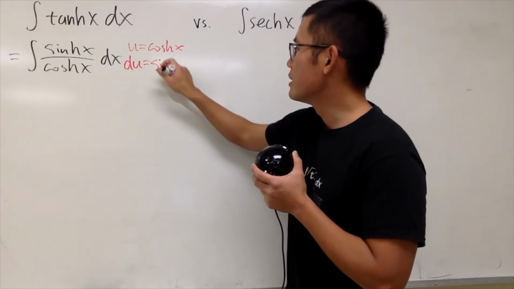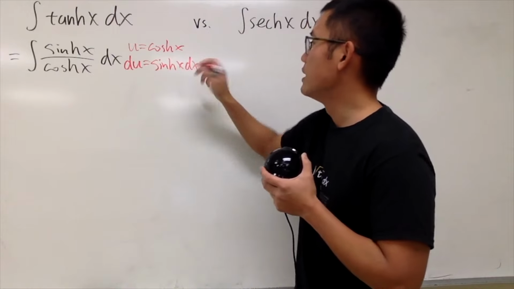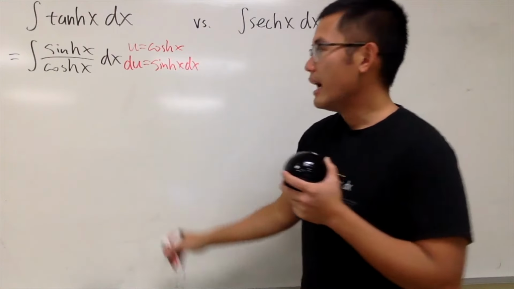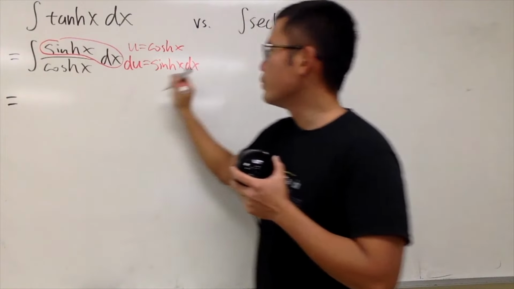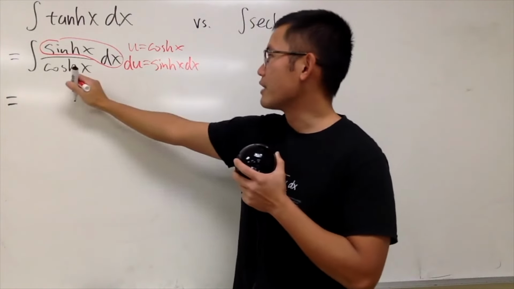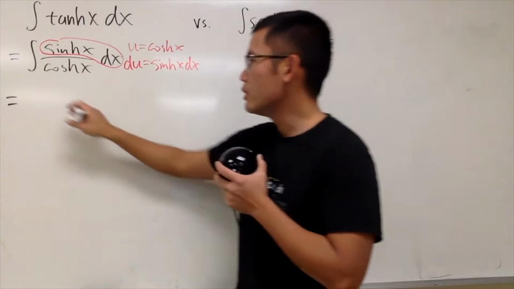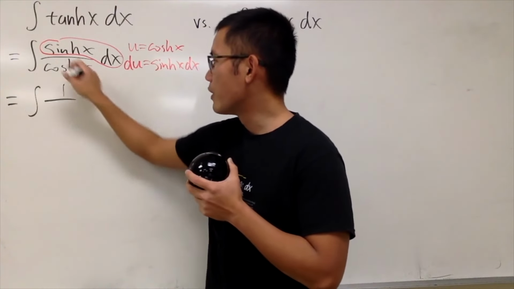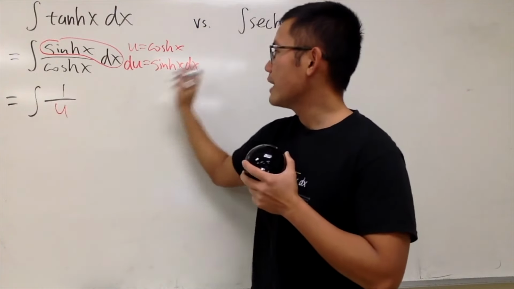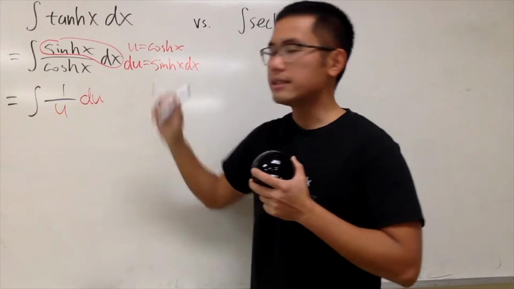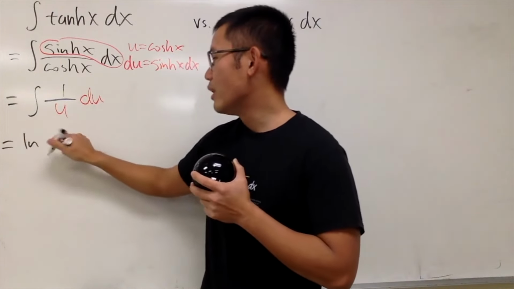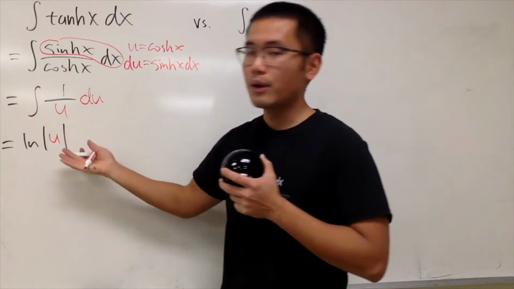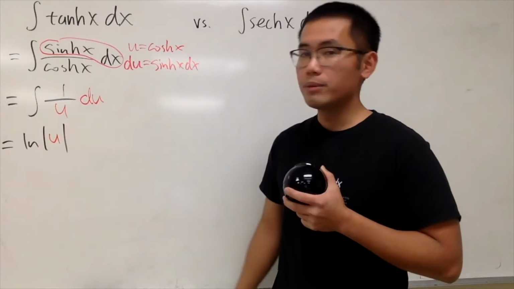So this right here is just positive sinh x, like this, right? And now as we can see, this right here is nicely equal to our du, and then on the bottom is of course that's a u. So we get the integral 1 over u, and all that is our du, so let's put it on the side. And then when we integrate 1 over u, we get natural log of u in absolute value like this, right? So that's pretty much it.